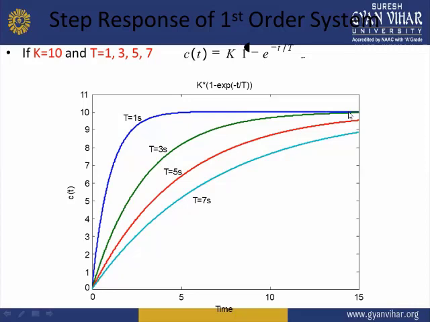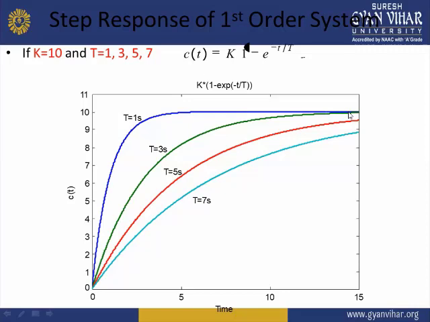The system will be able to reach the steady state value after a duration of about 15 seconds. Whereas for a time constant of 1 second, the system will reach the steady state value at around 4.5 or 5 seconds.